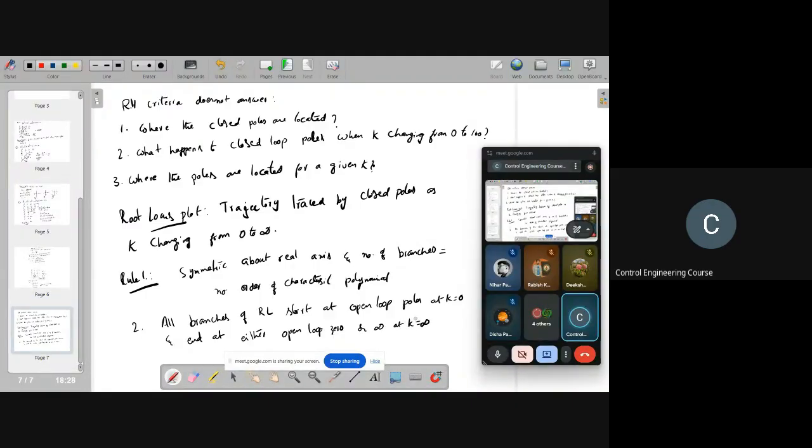That means we are examining how the poles and zeros change with respect to k, with k changing from 0 to infinity. So the root locus starts at the poles of the open loop function at k equal to 0 and ends at open loop zeros, or it ends at infinity at k equal to infinity.